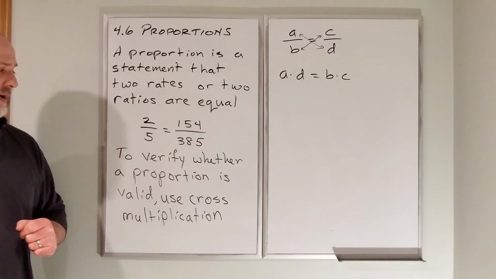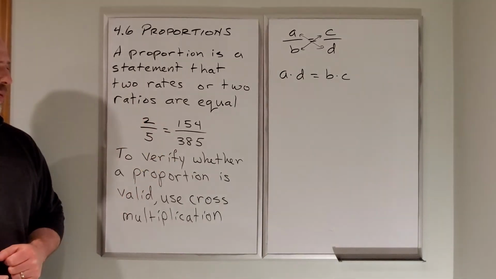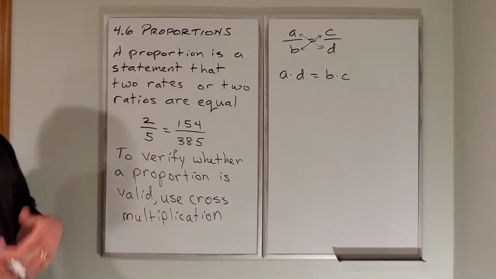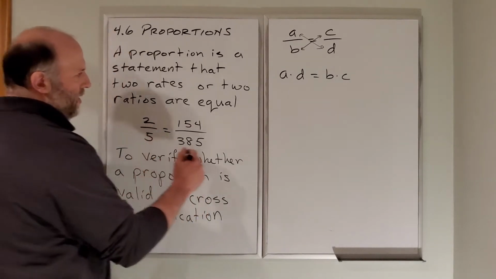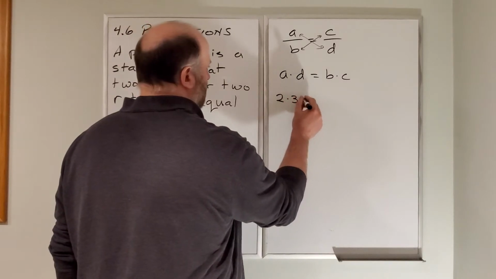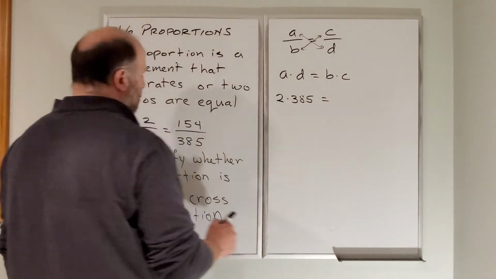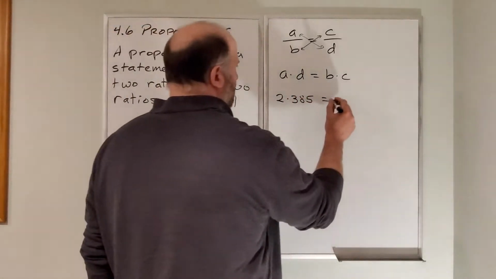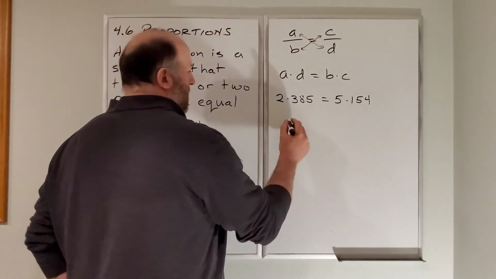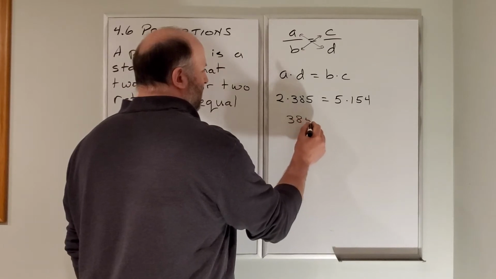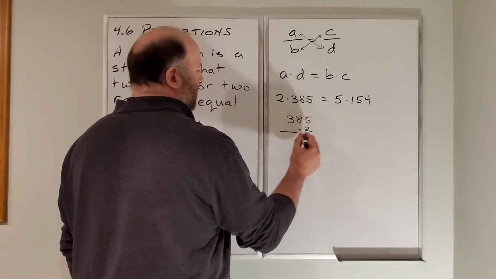So is 2/5 equals 154 over 385 a valid proportion? Well, to find out, I would take 2 times 385 and see if that's equal to 5 times 154. Well, 2 times 385, I believe, gives me 770.